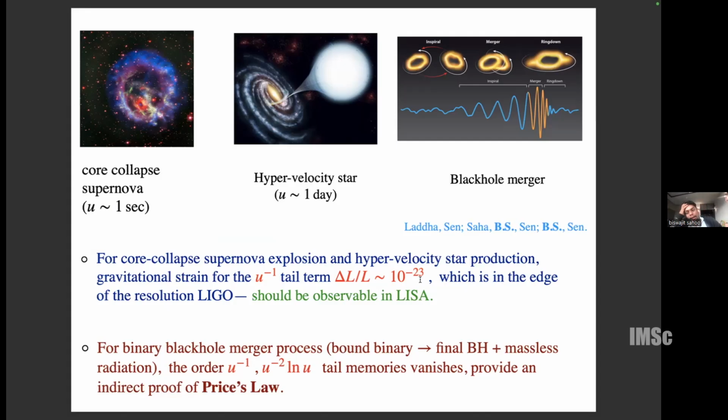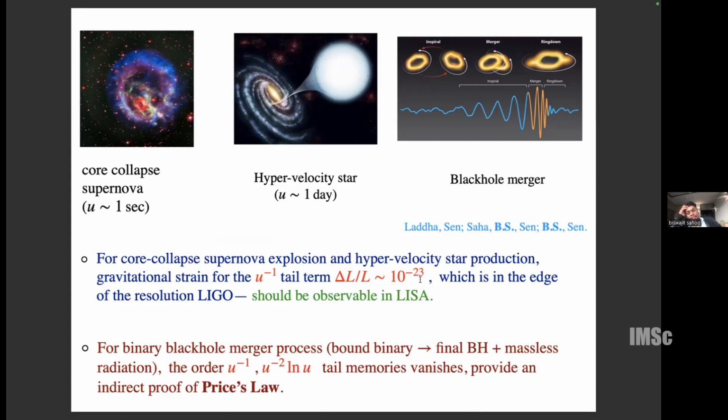And also one can ask, can we say something about the black hole merger problem using these scattering amplitude waveform results? If you want to treat this black hole merger inside this scattering amplitude avenue, then basically what you have to consider is that the black hole binary was a single bound object which decays to a final black hole with some massless gravitational radiation.